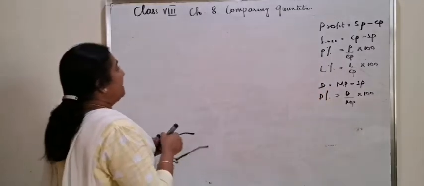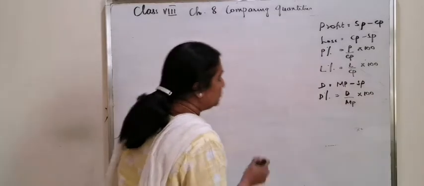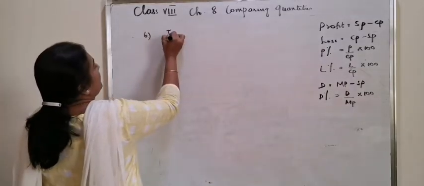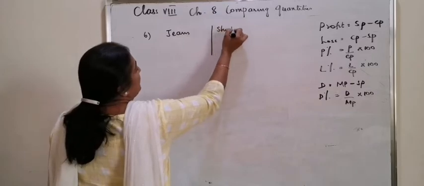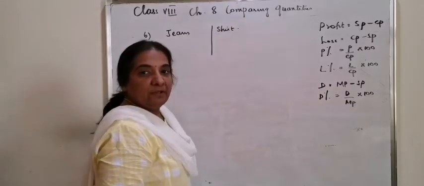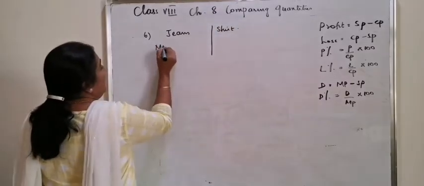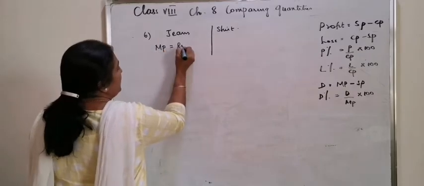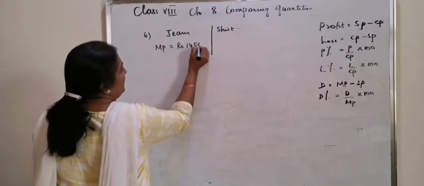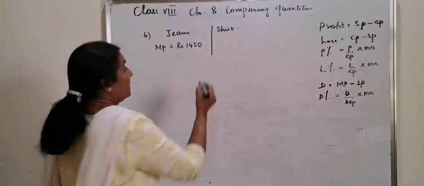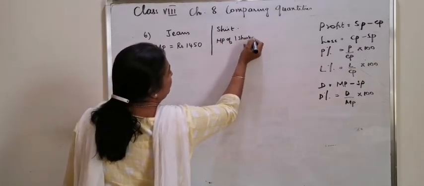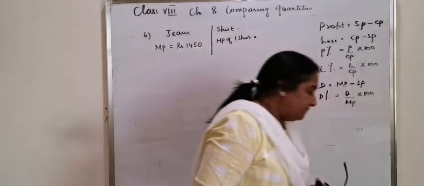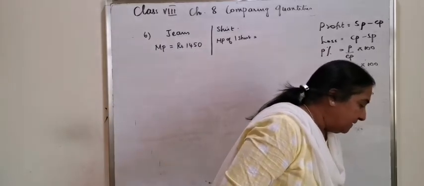So, same way, let's divide into two parts, jeans as well as the shirts. What is the marked price of the jeans? Rupees 1450. What is the marked price of one shirt? It is marked as rupees 850.